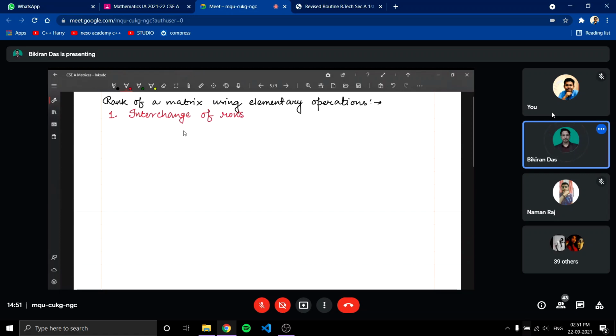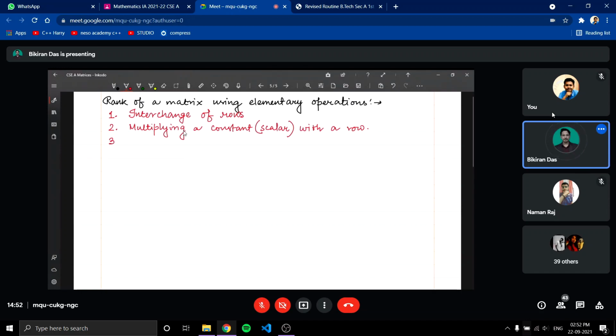Number two, multiplying a constant. In a matrix, instead of calling it a constant, we call it a scalar. Multiplying a constant with a row.